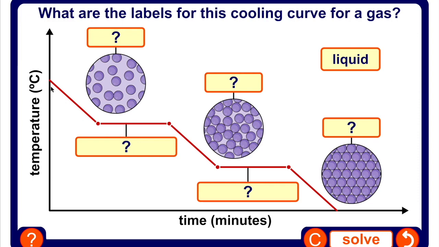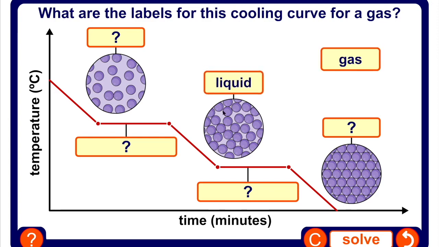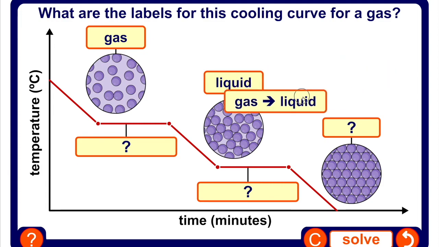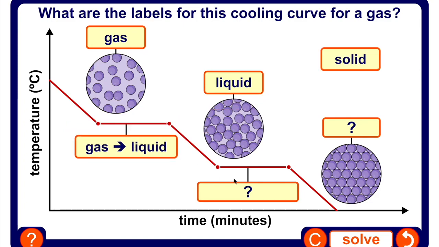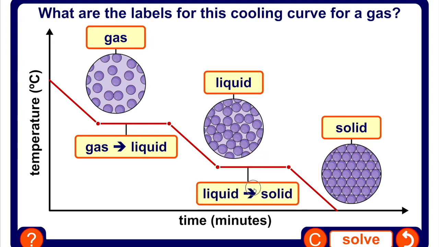That's a cooling graph. Now you could see, because we're going from gas, then we're ending up with a solid. So that's the liquid, just because of the way the particles are arranged. That's the gas. And a change from gas to liquid is called condensation, remind you. Solid is the end here, and that's the liquid to solid, which is called freezing.